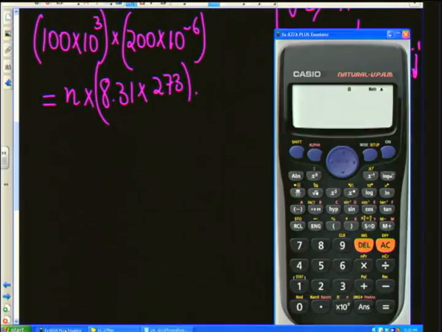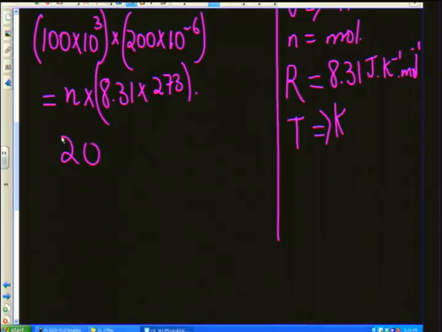I've got 100 times 10 to the 3 times 200 times 10 to the power minus 6. What does that work out to? It works out to just 20. So all this on the left works out to 20.